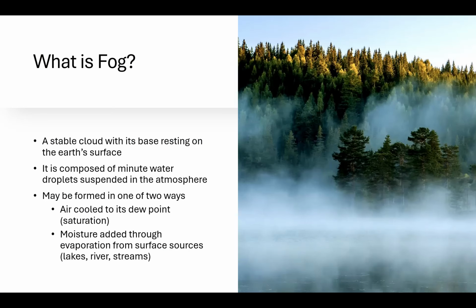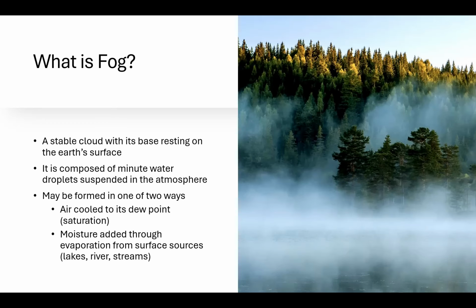First, we're going to look into what is fog. Fog is simply a stable cloud with its base resting on the Earth's surface. It is composed of minute water droplets that are suspended in the atmosphere, and fog may be formed in one of two ways. Either air can be cooled to its dew point, reaching saturation.